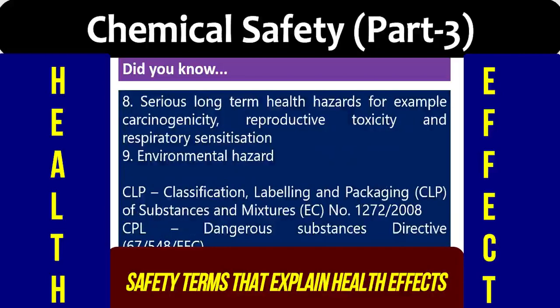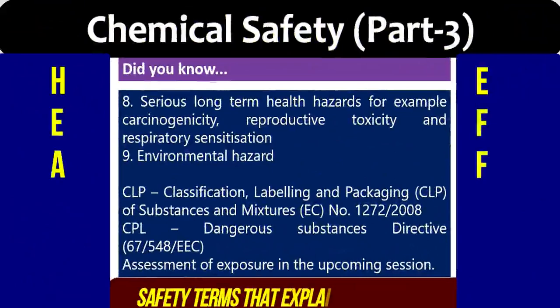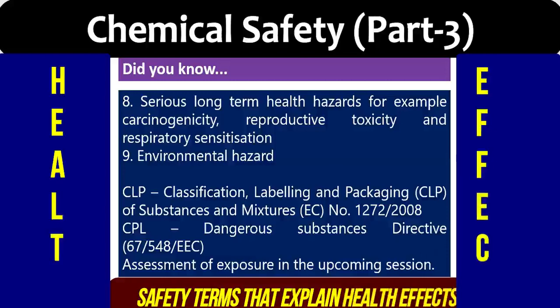Number 8, serious long term health hazards, for example, carcinogenic, reproductive toxicity, or respiratory sensitization. And number 9, environmental hazards. Remember, these are the updated and new list of hazards with respect to chemical safety. You can get more information from the CLP classification, labeling and packaging regulation 2008 and the dangerous substances directive.